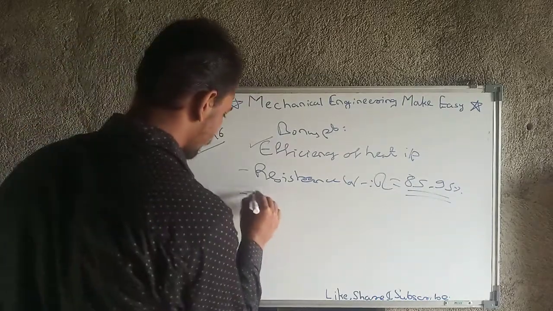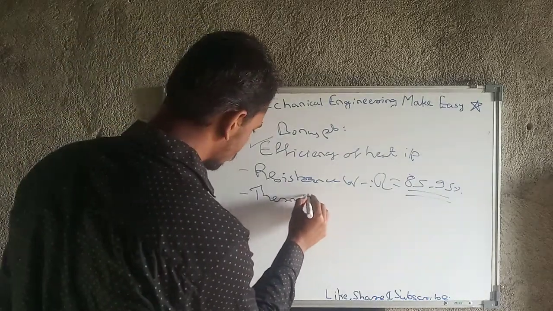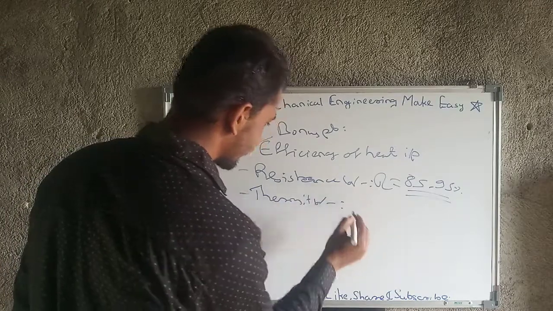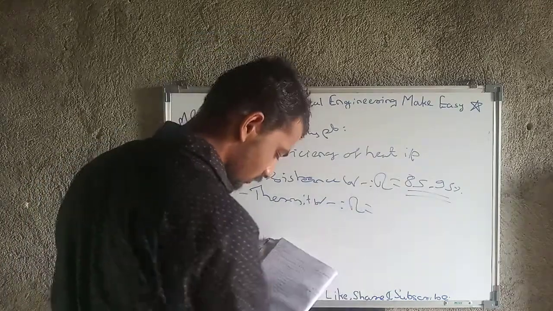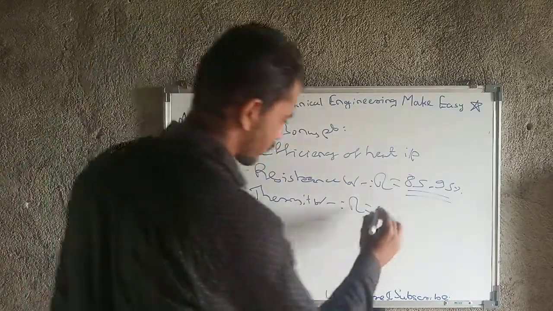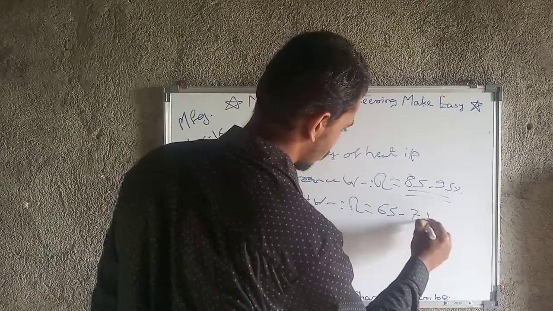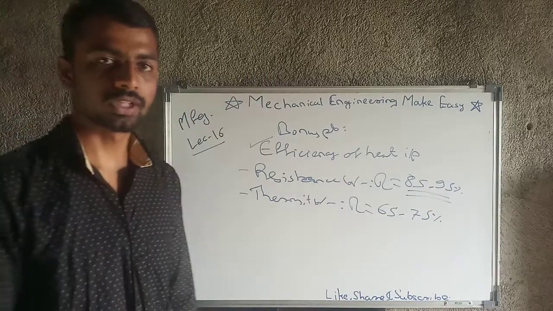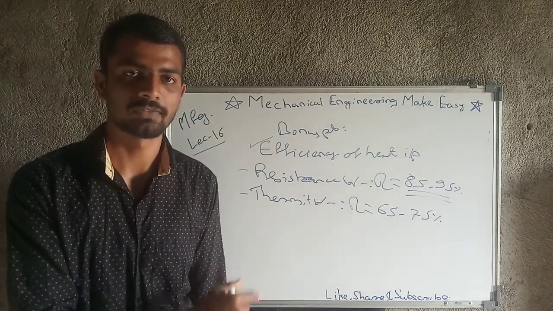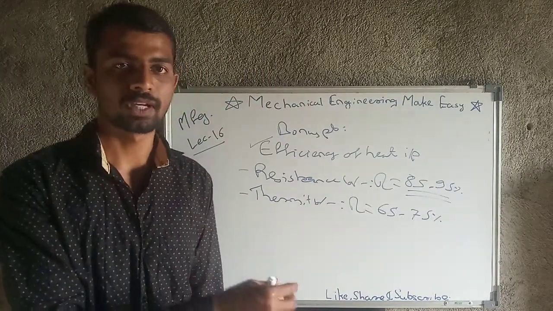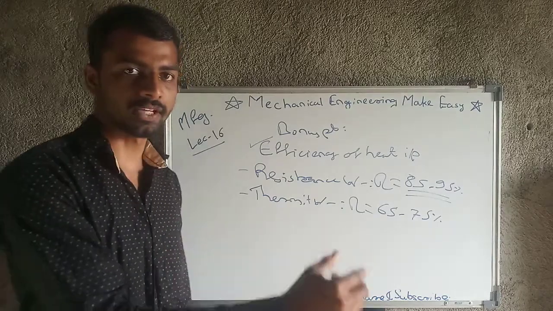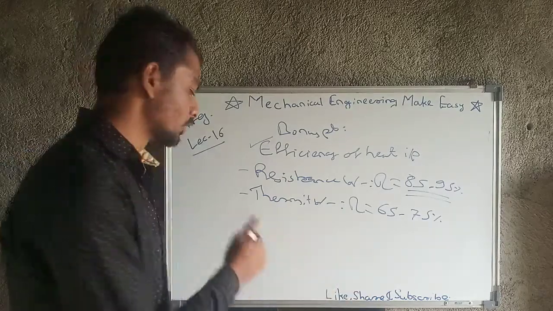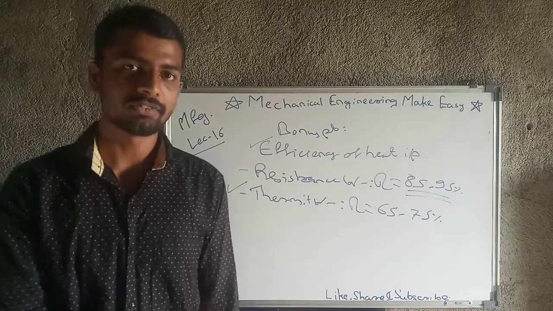Then next is thermit welding. In case of thermit welding, the efficiency of heat input will vary from 65 to 75%, meaning if we are supplying 100 joules of heat, then 65 to 75 joules of heat will be used for welding and the remaining heat will be lost.